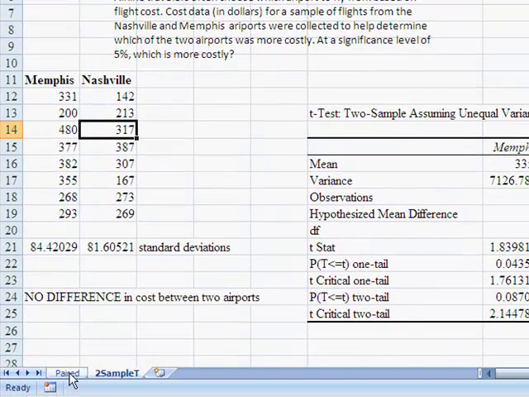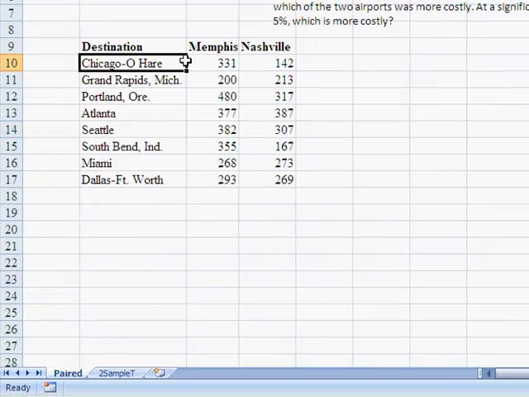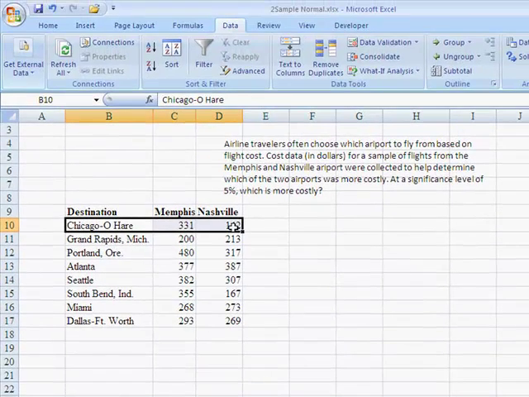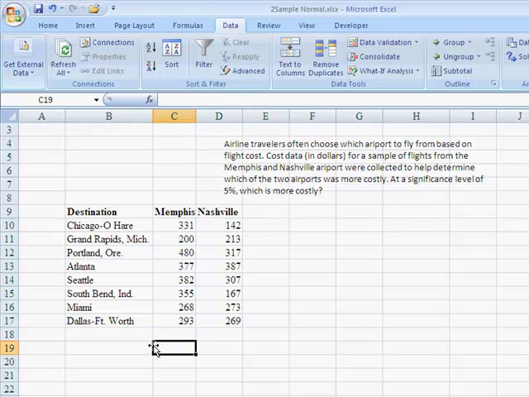But what they really are is that each line, or each observation, is a different destination. So this first line here is Memphis to Chicago O'Hare or Nashville to Chicago O'Hare. Now which one looks cheaper? Well, now what I have is what's called paired data.